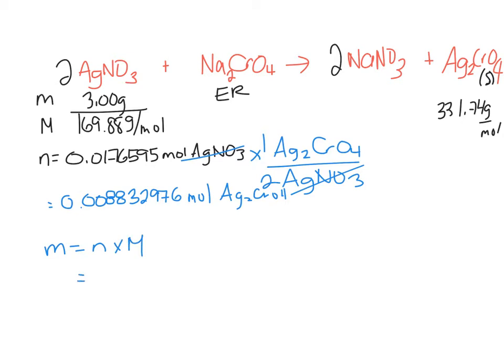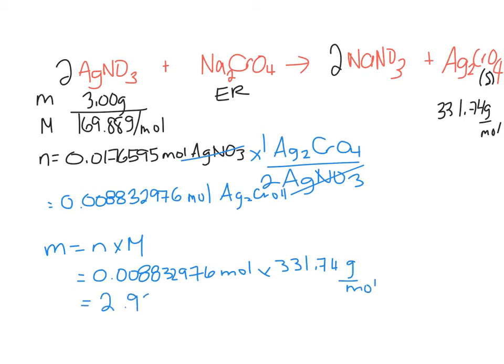So 16 on the dot. Dimensional analysis: your limiting ingredient is going to be the silver nitrate, because that's the limit of what you can make.